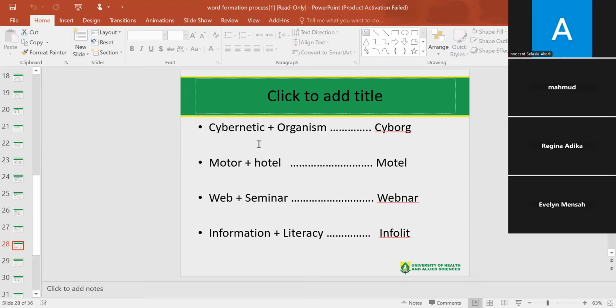Cybernetic plus organism gives you cyborg. Probably the beginning of the first one on the left-hand side plus the beginning of the second one. Motor plus hotel is equal to motel. Web plus seminar is webinar. Information plus literacy, infolate.